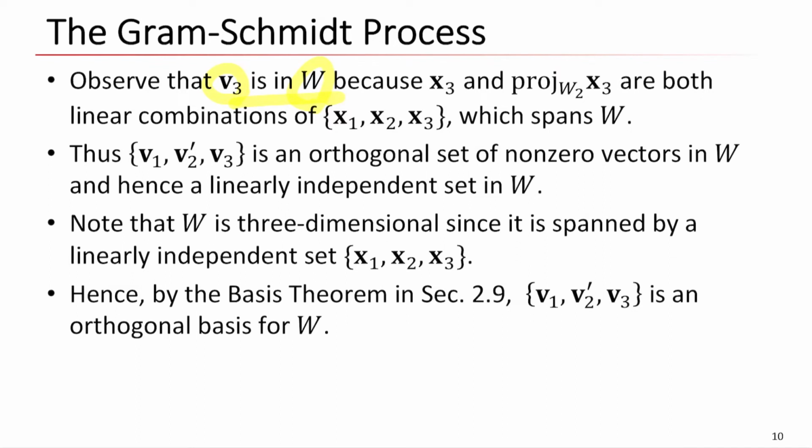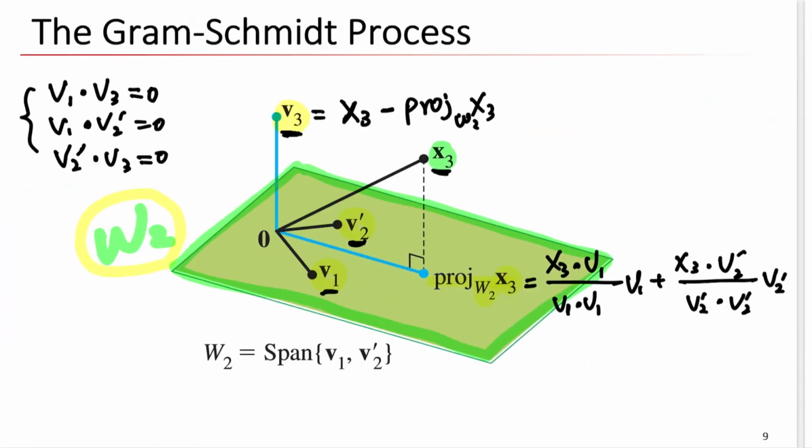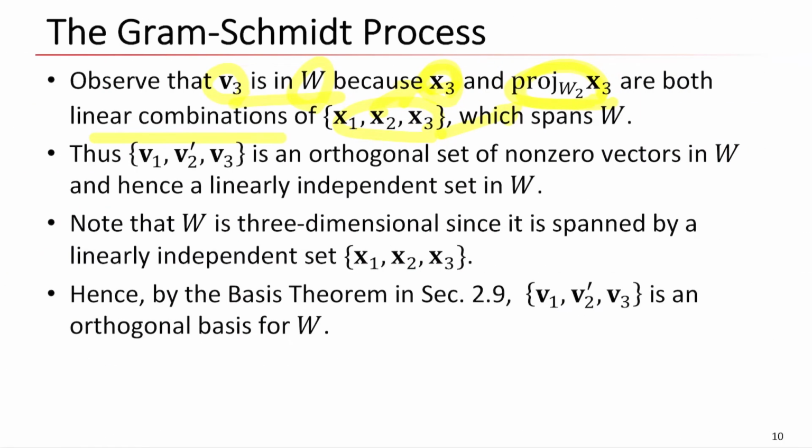V3 is in the W space because the X3 and the projection of the X3 onto the W2 are both linear combinations of X1, X2, and X3. Actually, X2 is a linear combination of this one, and this one is also a linear combination of X1, X2, and X3. Why? As you can see here, they span W. So because V3 is the X3 minus the projection of the X3 onto the W2 space, V3 is also in W space, right?